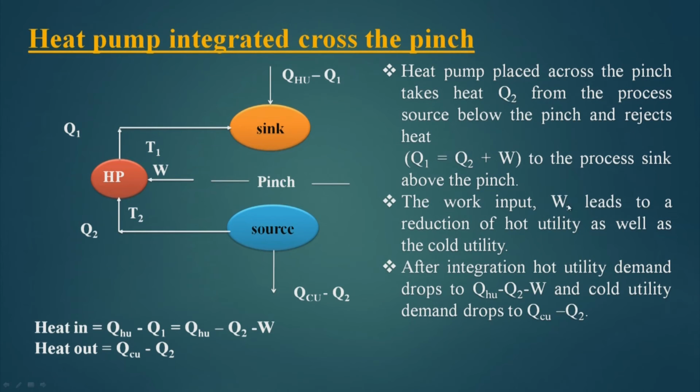So, we are spending W amount of work but while doing so we are reducing the hot utility and cold utility requirement. After integration, hot utility demand drops to QHU minus Q2 minus W and cold utility demand drops to QCU minus Q2.